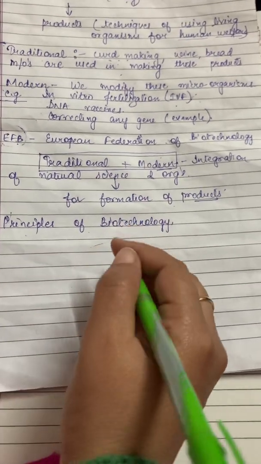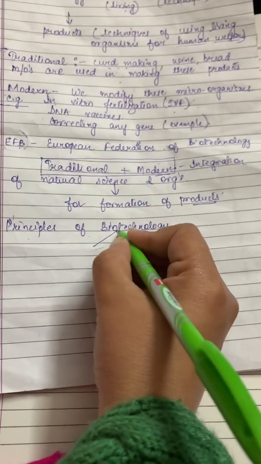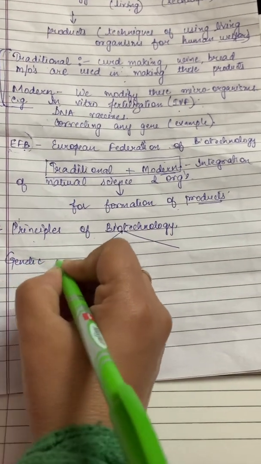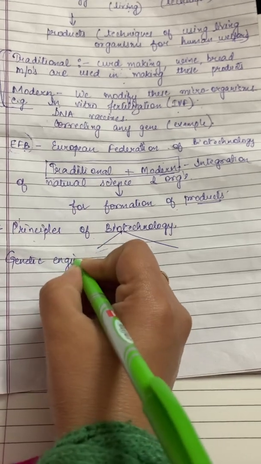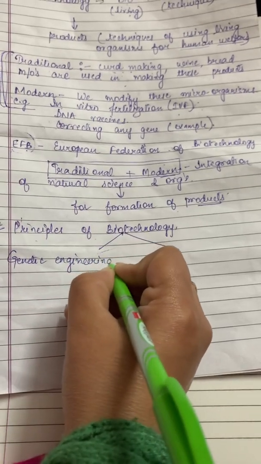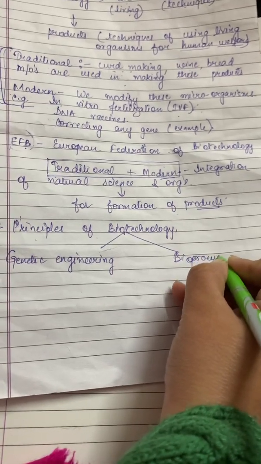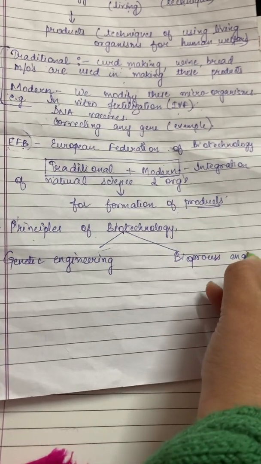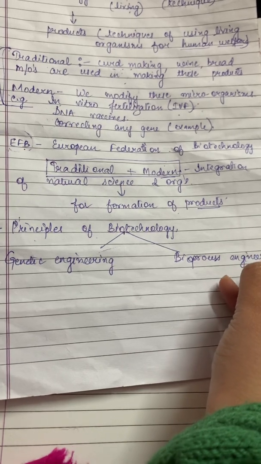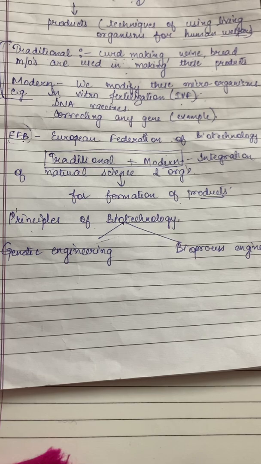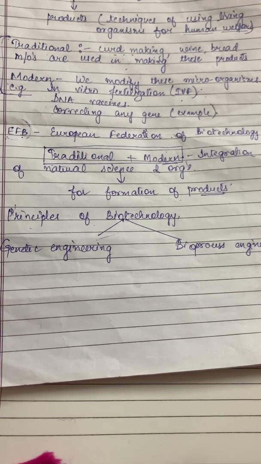Actually there are two core principles. One is genetic engineering and the second one is bioprocess engineering. Clear? One is genetic engineering and second one is bioprocess engineering.